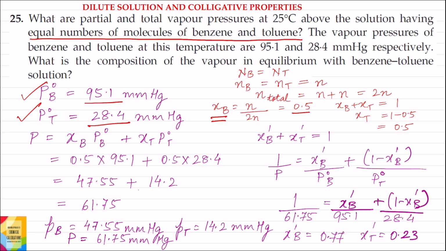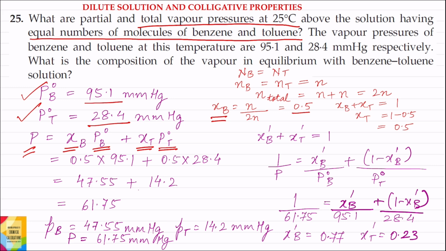Now the total vapor pressure of the solution, that is P, will be equal to mole fraction of benzene into vapor pressure of benzene. Now mole fraction of benzene into vapor pressure of benzene will give the partial pressure of benzene, plus mole fraction of toluene into vapor pressure of toluene. Now mole fraction of toluene into vapor pressure of toluene will give the partial pressure of toluene.